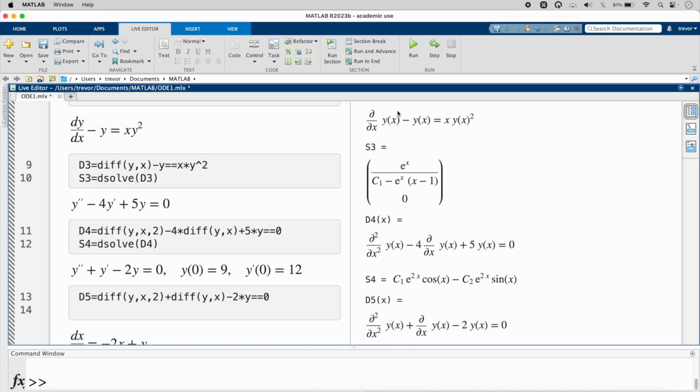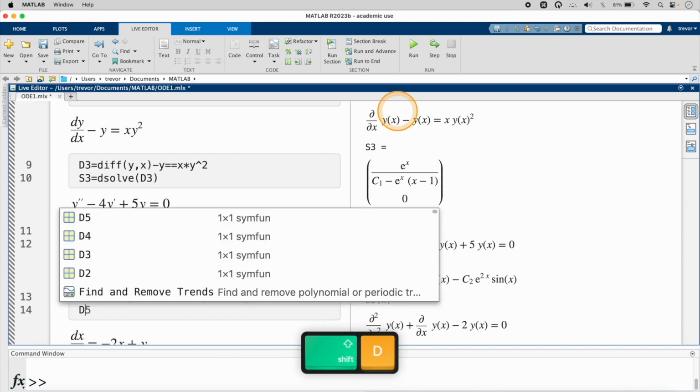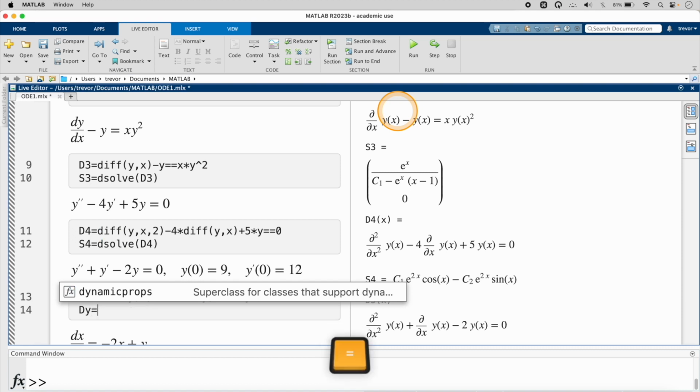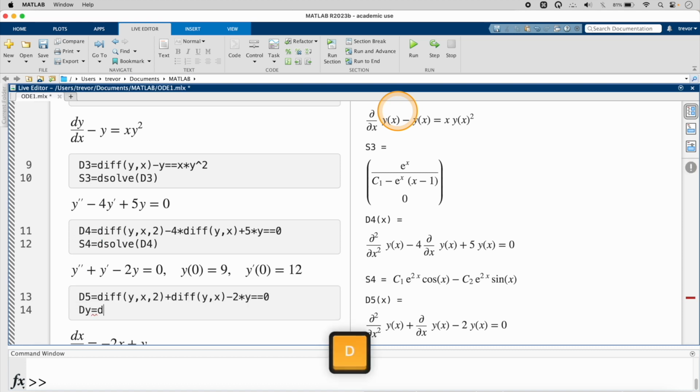So to enter those conditions, I'll type in dy is equal to diff, open parenthesis y. That's the first step there. Then enter the first condition here, y at 0 is equal to 9.